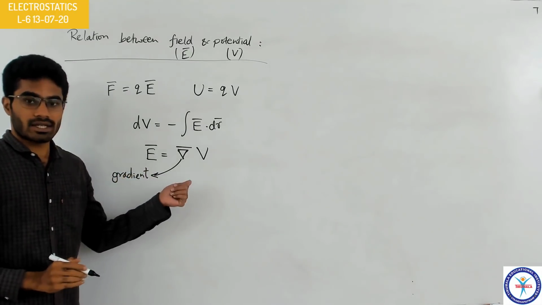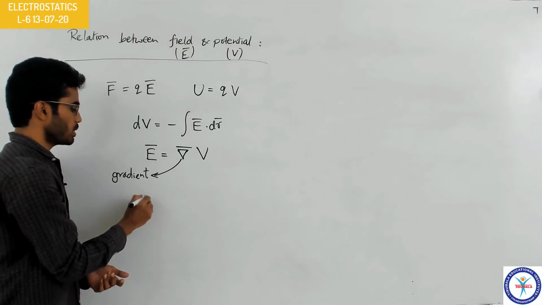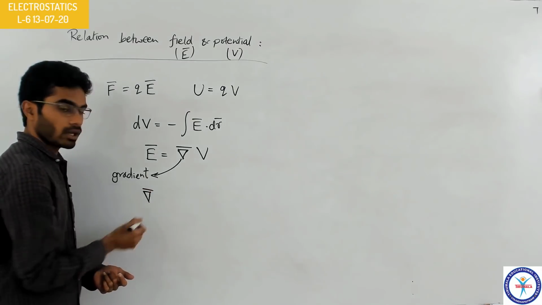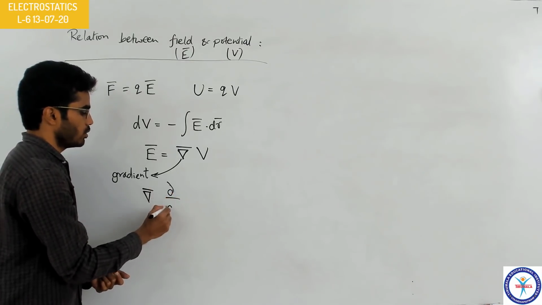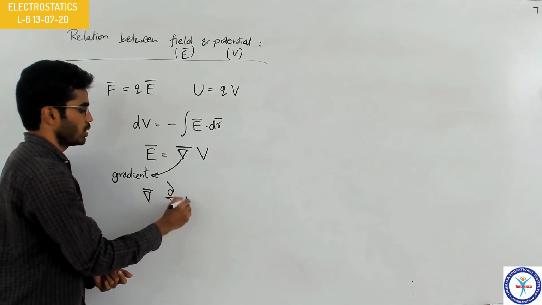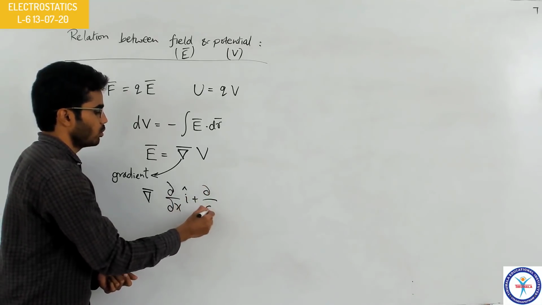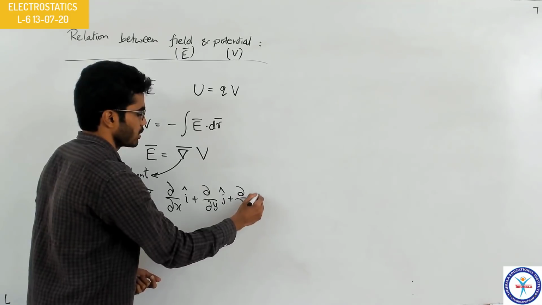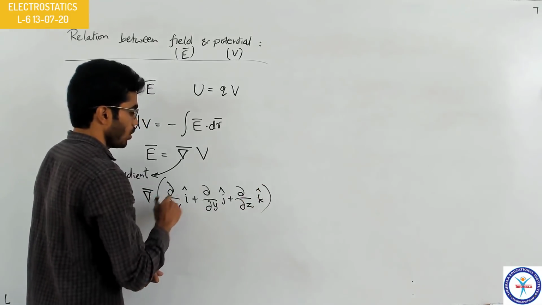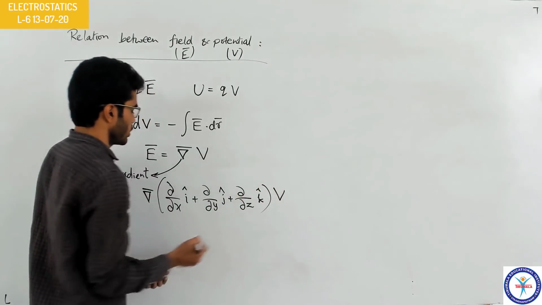Okay. It is a vector operator. This means it is performing an operation which is like this: dou by dou x i cap, dou by dou y j cap, dou by dou z k cap, acting on the potential.